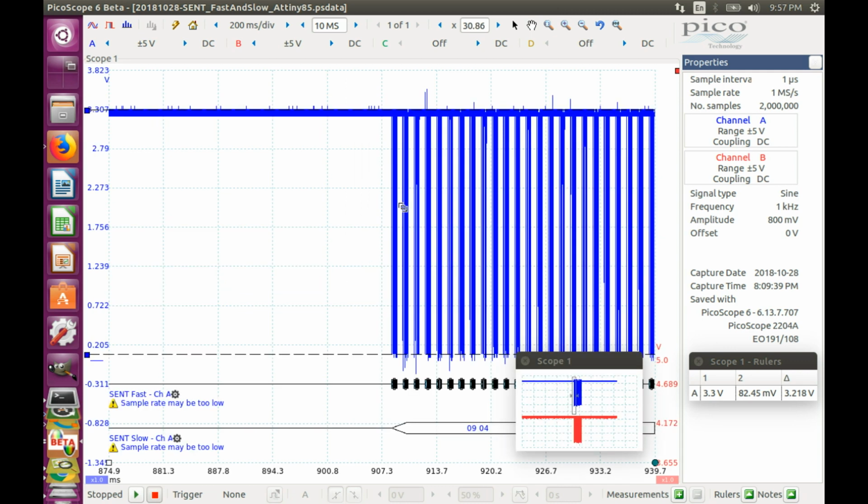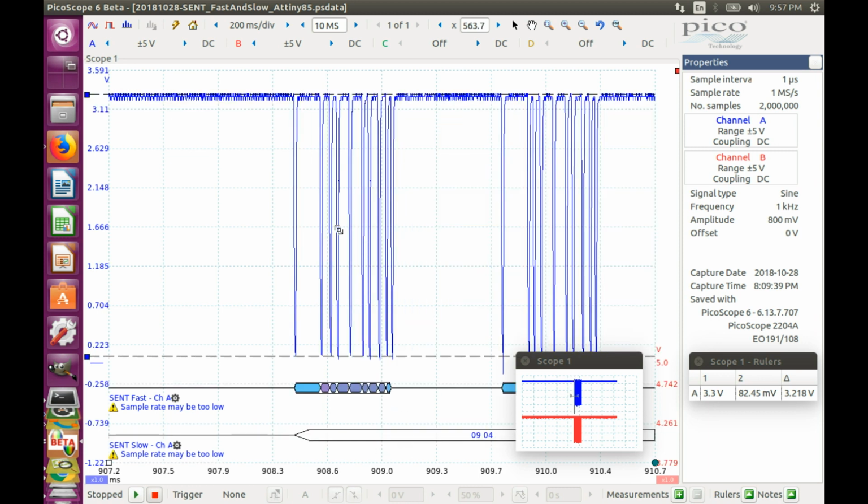At this zoom level we already see that there are individual sent packets being transmitted, and we can focus on, let's say, 2 of them, and observe that indeed they are sent packets with the synchronization pulse and the nibbles transmitted, just as we've seen in one of the previous videos.